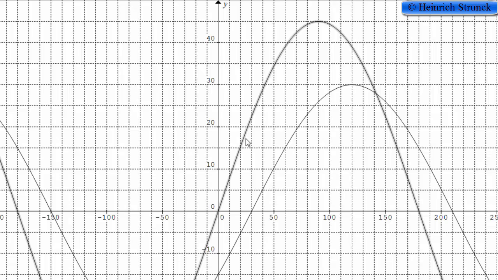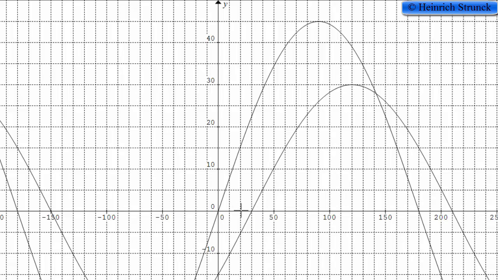So here we have, for example, the voltage curve of 45 volts, and at an angle of 50 degrees we have nearly 35 volts as the instantaneous value right here. So if we want to add these two sine curves, we can take the instantaneous value for every time.